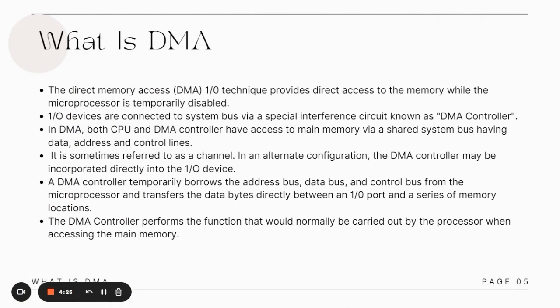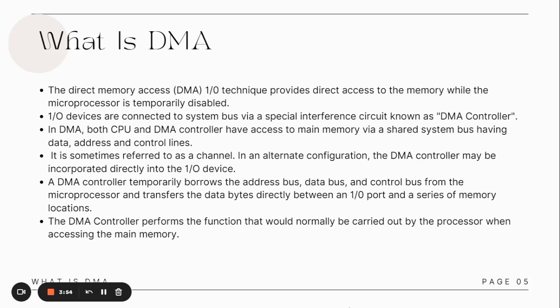What is DMA? The Direct Memory Access I/O technique provides direct access to the memory while the microprocessor is temporarily disabled. I/O devices are connected to the system bus via a special interface circuit known as the DMA controller. In DMA, both the CPU and the DMA controller have access to main memory via a shared system bus having data, address, and control lines. It is sometimes referred to as a channel.